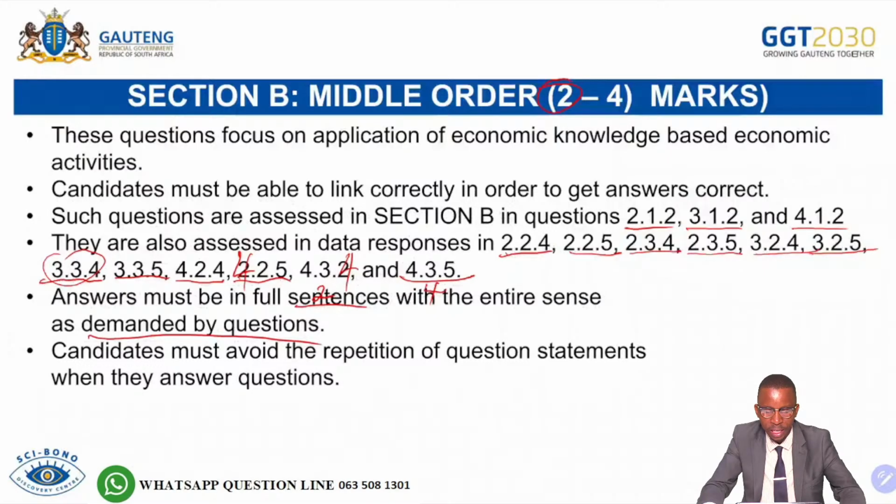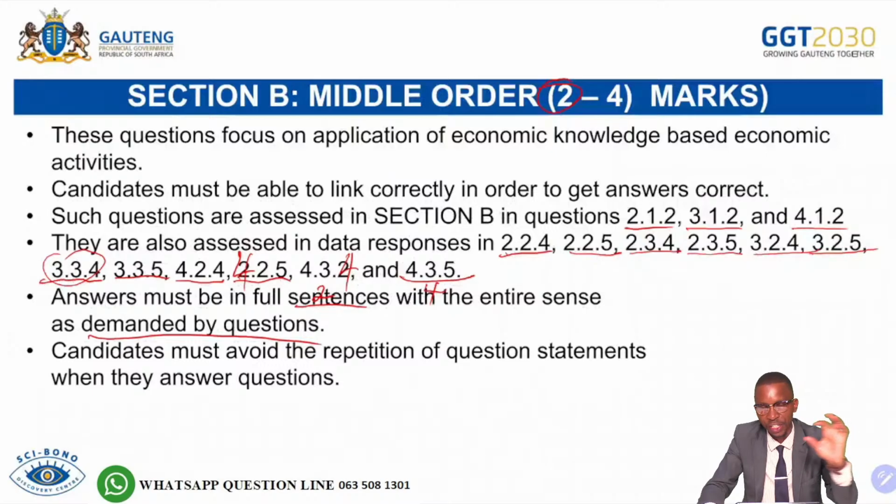Candidates must avoid the repetition of the question statement when they answer the question. You must not repeat the question statement. For instance, if we say, how can the increase in value-added tax affect the inflation rate? So in that situation, you cannot start by saying the increase in value-added tax.